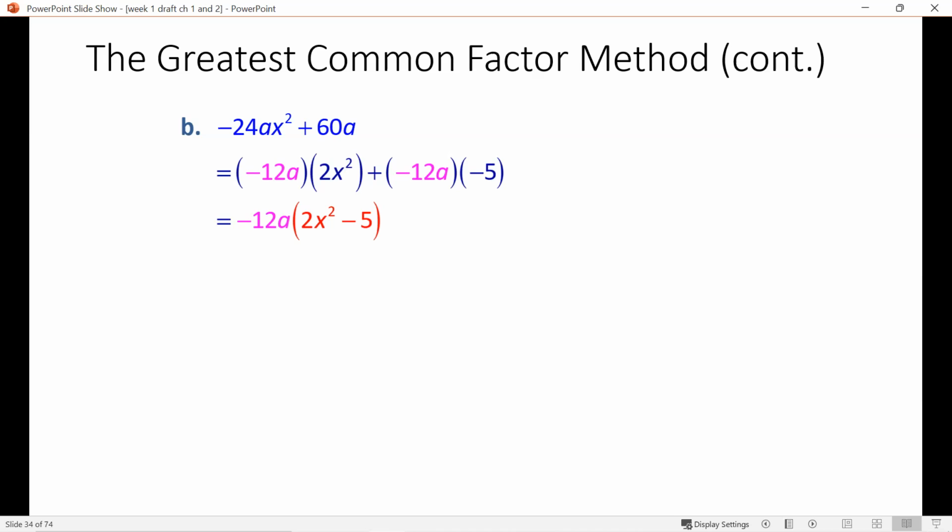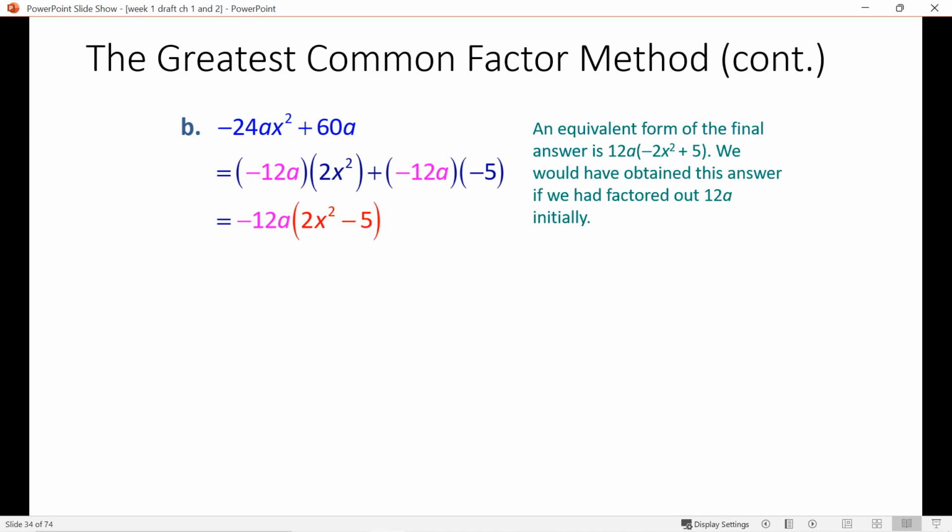But notice how if we pull out the -12a, then this +60a becomes -12a times -5. So we break this positive into 2 negatives essentially. And we follow the same process to undistribute that -12a. If we had just pulled out a 12a, then we'd have 12a times -2x squared plus 5.